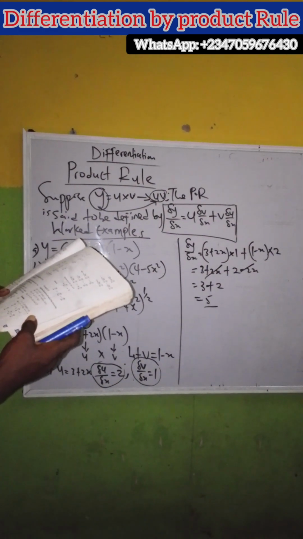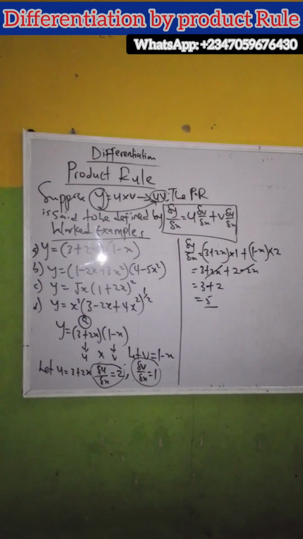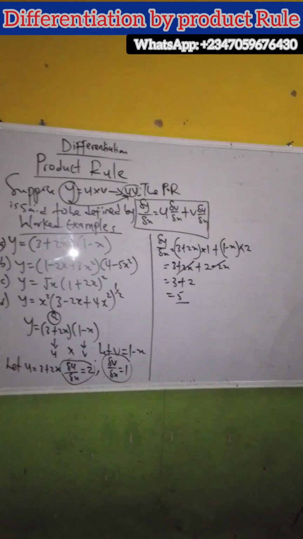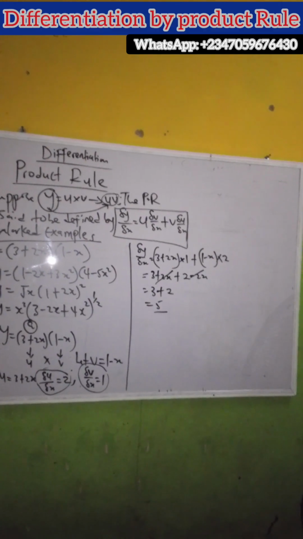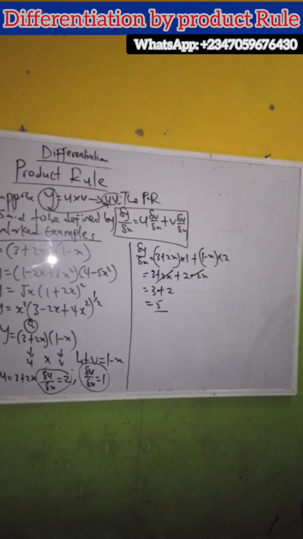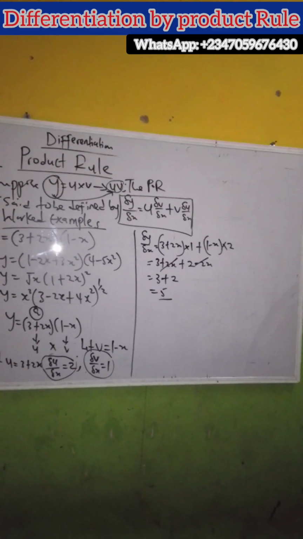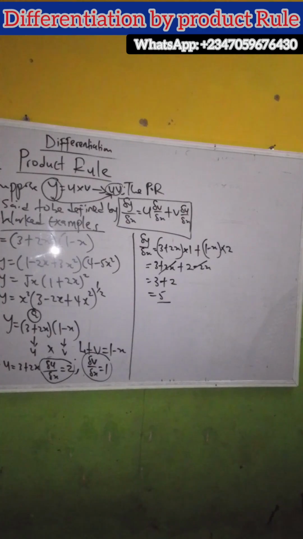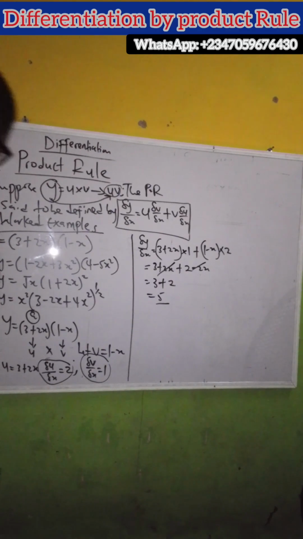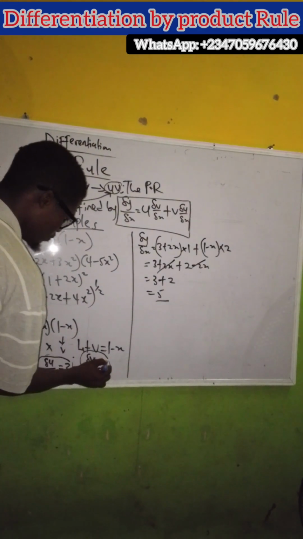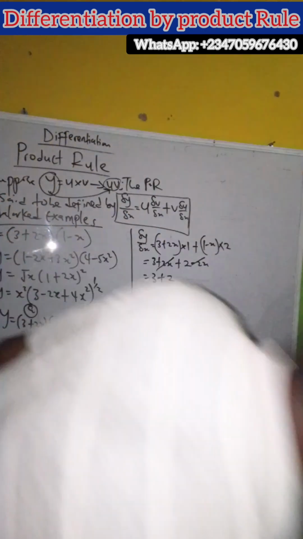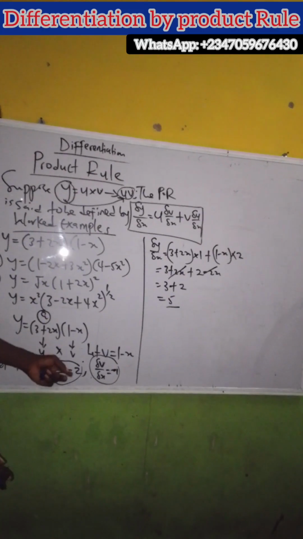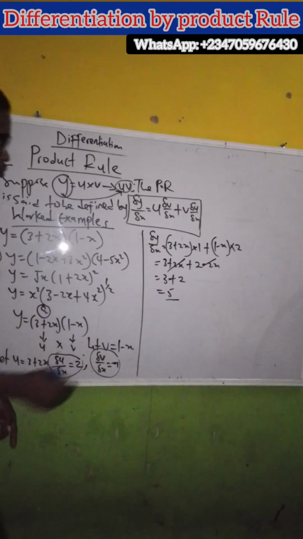Okay, let's look at it together. u equals 3 plus 2x, that's 2. I made a mistake here, sorry. It's minus 1. So our du over dx is 2, and our dv over dx is minus 1.